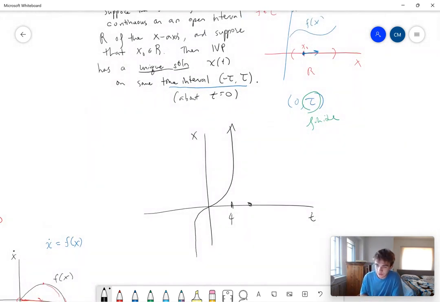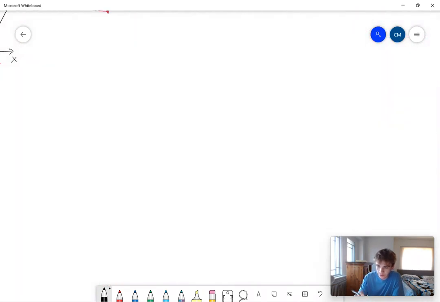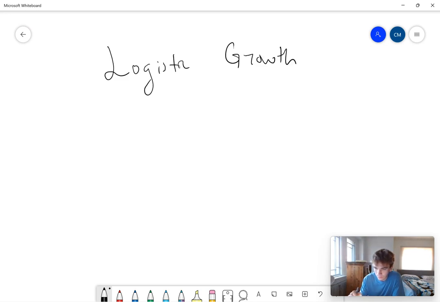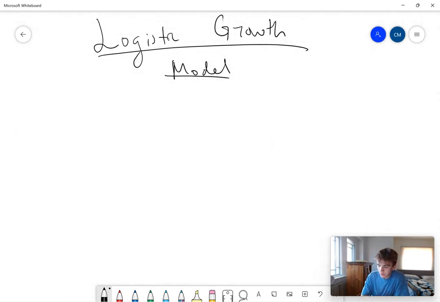Now let's talk about a real world example, which is really important in the textbook. And this is the logistic growth model. Okay, so the logistic growth model is a model to represent population growth, and essentially it looks something like this.